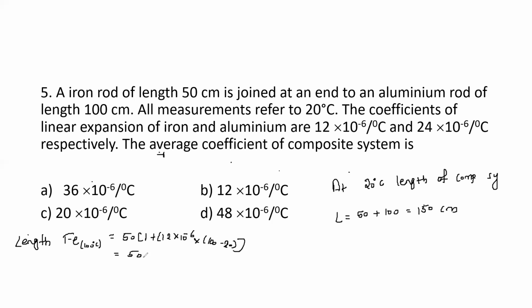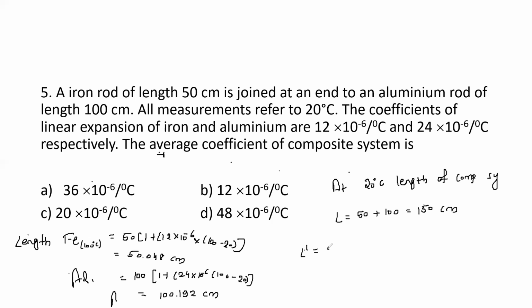So this is equal to 50.048 centimeter. Similarly, for aluminium rod, we can write it as, 100 into bracket 1 plus 24 into 10 raised to minus 6, then 100 minus 20, which is equal to 100.192 centimeter.